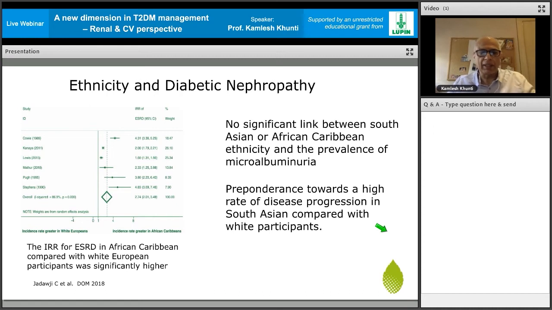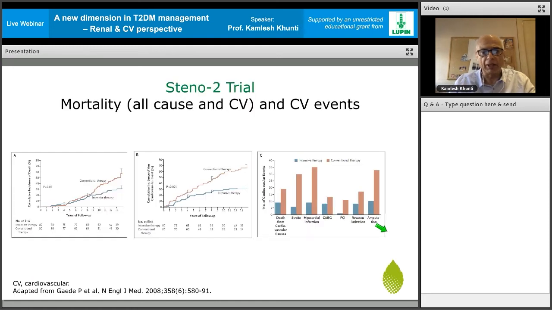So it seems that towards development of microalbuminuria there is no difference between ethnicities, but as soon as Asians or Blacks develop microalbuminuria, there seems to be a higher increase in terms of worsening of microalbuminuria.